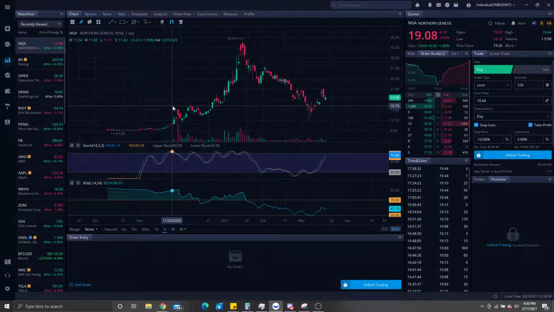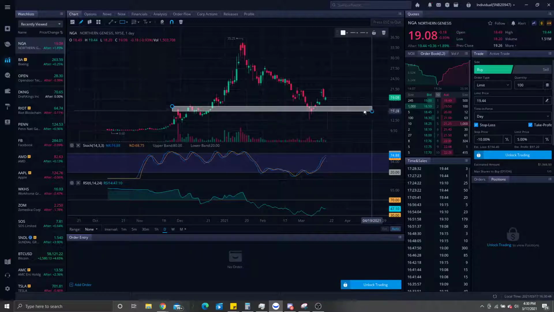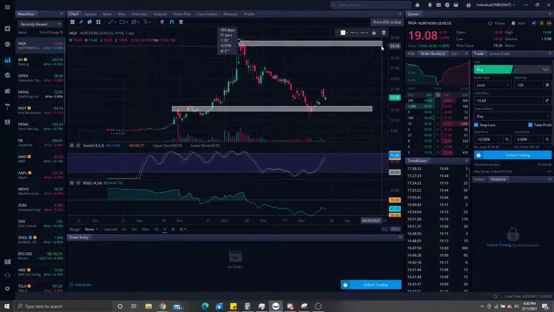There are two here. One, huge breakout. Retest. Moon mission. Huge sell-off. Very significant.